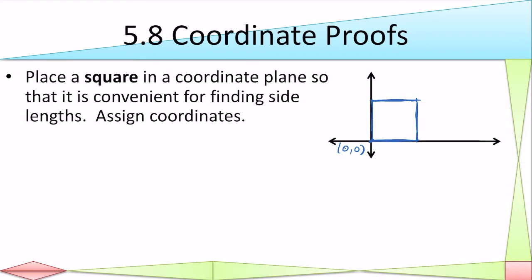How long shall we make a side? How about the length a? So it's over a and up 0. Over here, this point is over 0 and up. Well, it's the same distance because it's a square, so it's up a. And our last point would be over a and up a, so a, a. And there we go, we have a square.